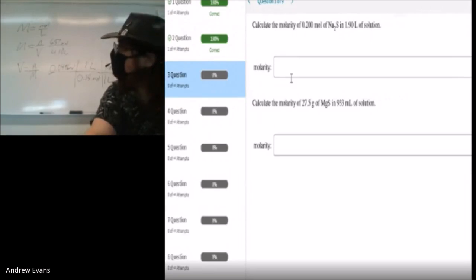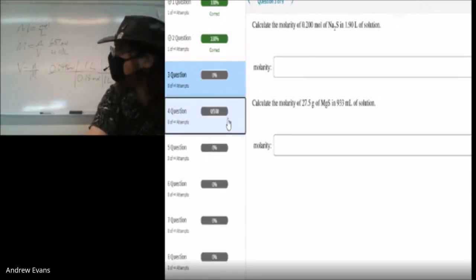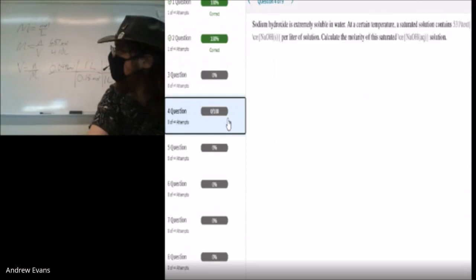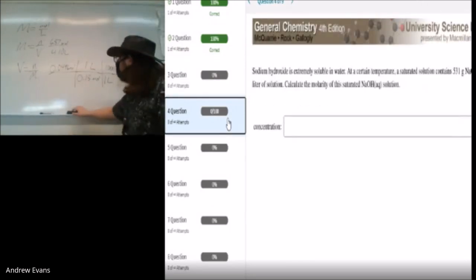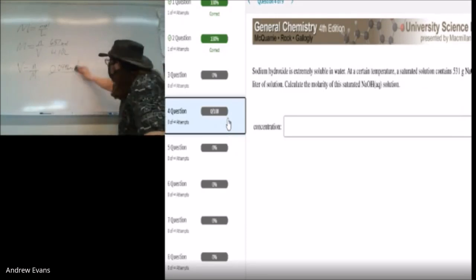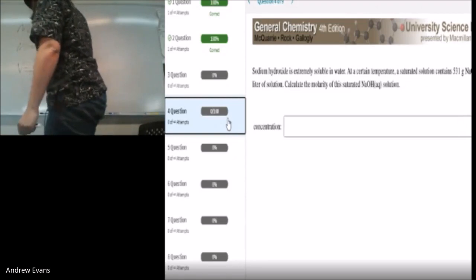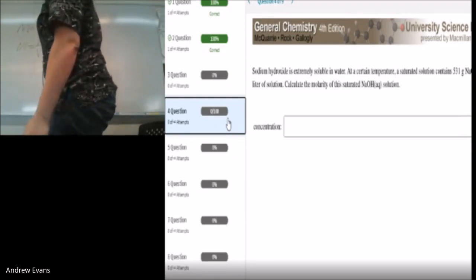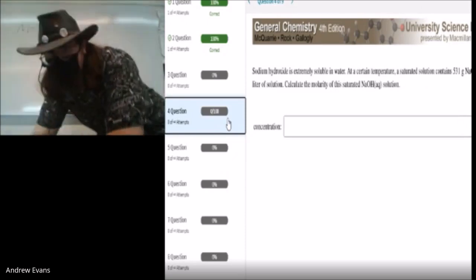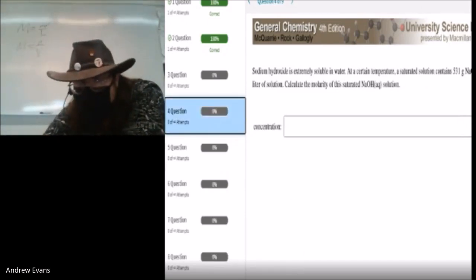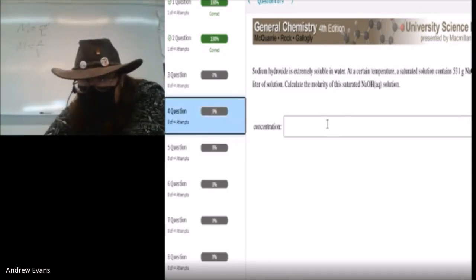Now, I'm going to skip this one because the first one is straightforward. The second one is a little bit harder, but it is just like problem 4. Problem number 4 asks us to go one step further. We are not just solving for molarity, we're now solving for molarity starting from grams. Sodium hydroxide is extremely soluble in water.